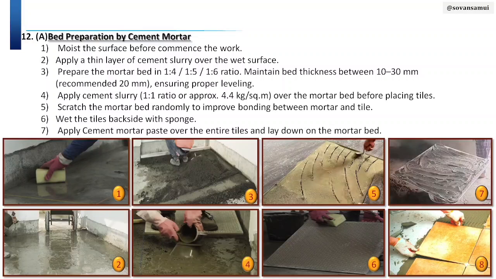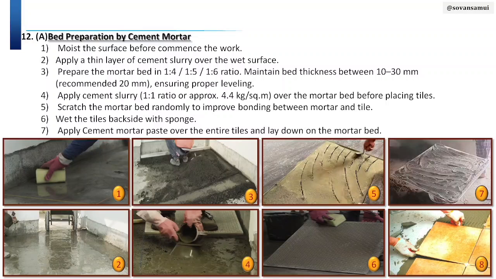So first we focus on bed preparation by cement mortar. In this process, the first point is to moisten the surface before commencing the work. You can see in the first image, we are wetting the surface before starting work, and in the second point we are applying a thin layer of cement slurry over the wet surface for proper bonding.